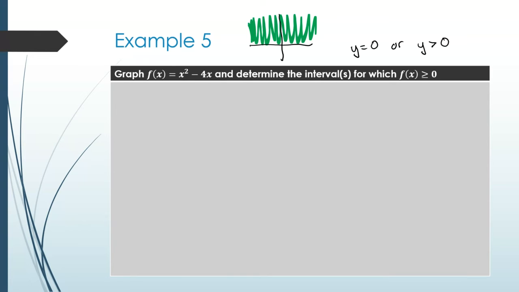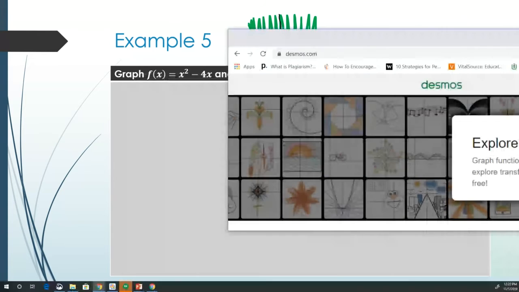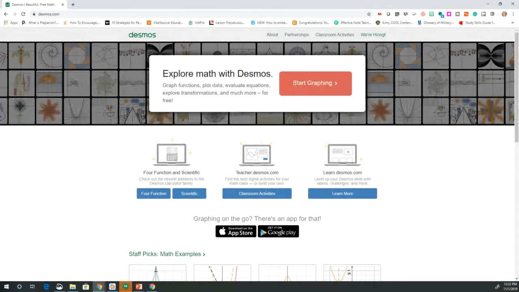So when you're looking for the intervals where f of x is greater than or equal to 0, that's what you're solving for. It says to graph f of x equals x squared minus 4 and determine the intervals for which f of x is greater than or equal to 0. So I'm going to pull up Desmos and start graphing.